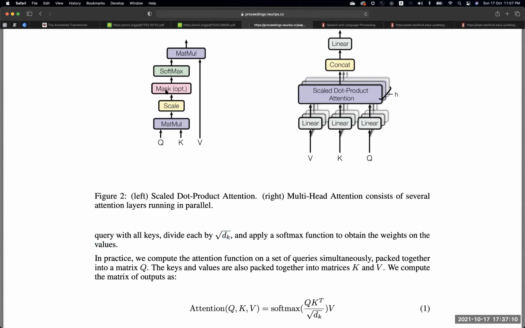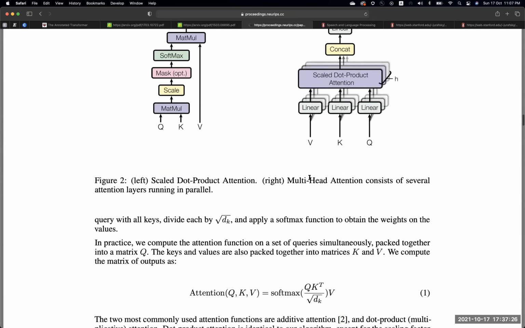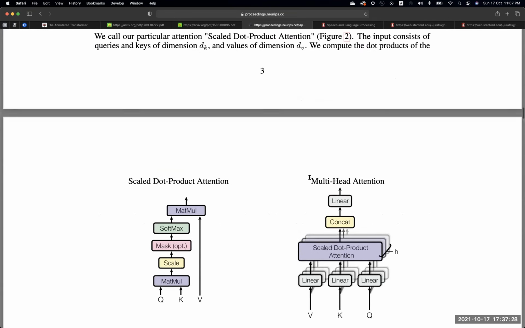And then they're doing some masking, which is for the decoder side. This is optional, that's why they have shown it. And then they are doing softmax. This scaling is done just to keep the values in check so that gradients do not explode. So that's the idea of scaling dot product. That's the basic idea.